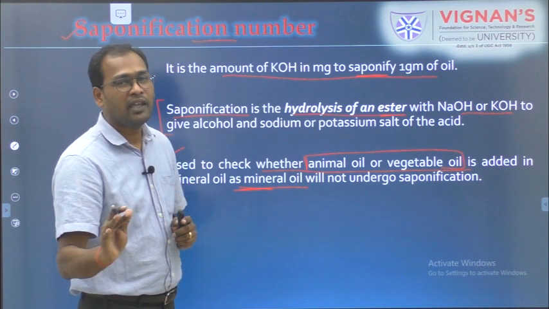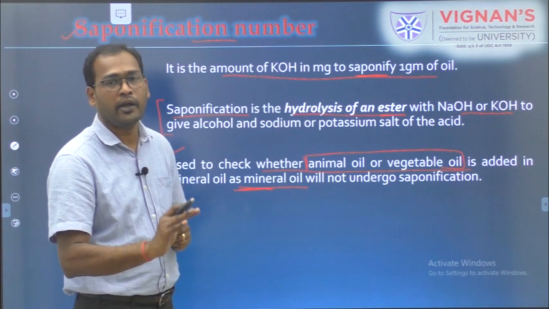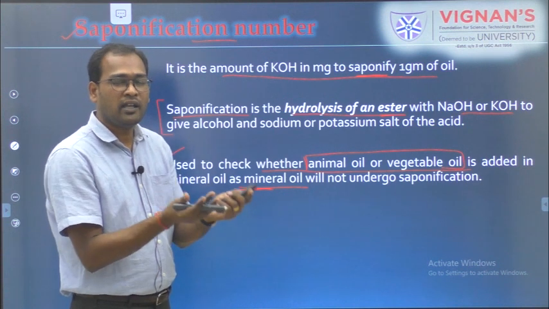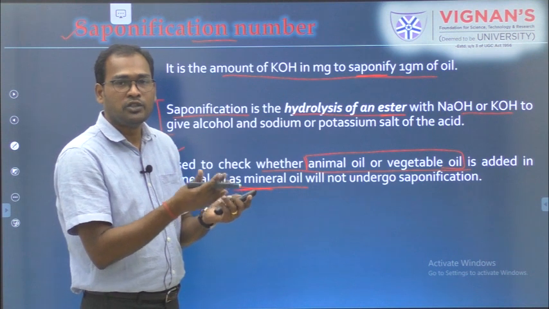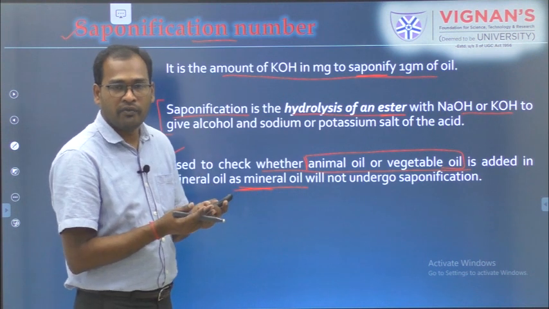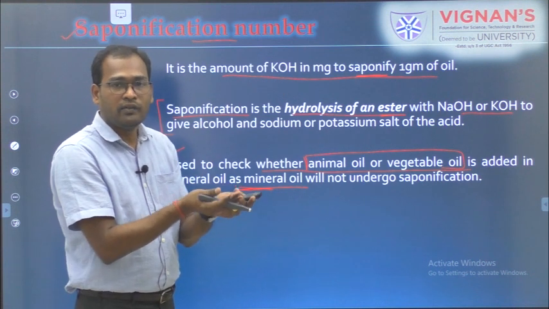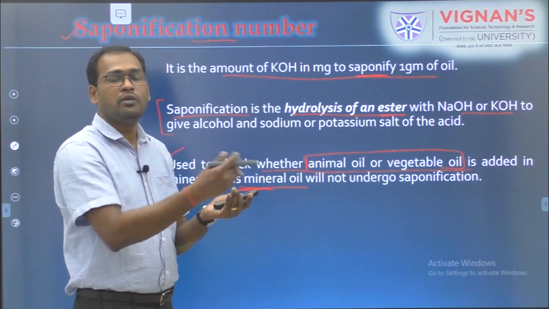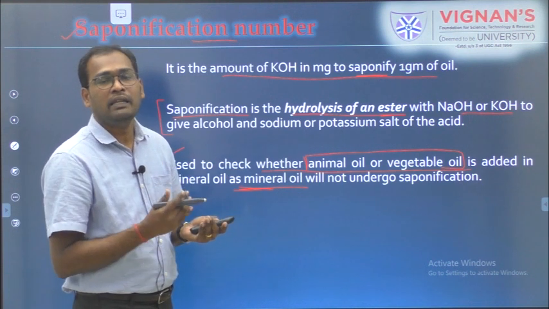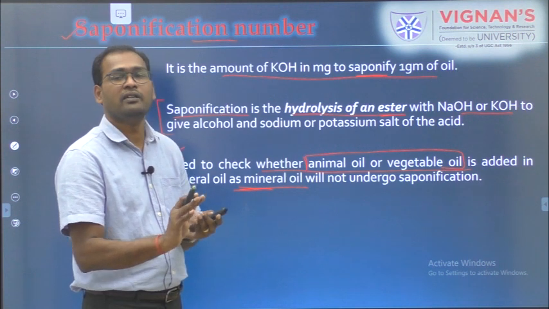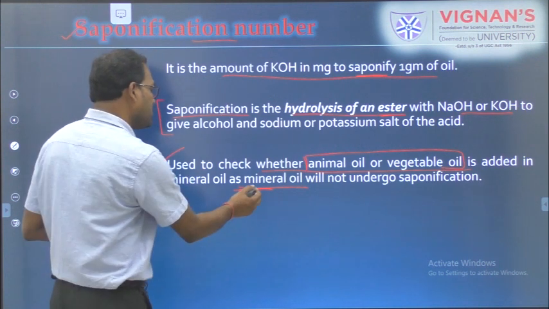They don't have any esters in it, they have only hydrocarbons. So if you take an oil and it shows some saponification number, that means along with the mineral oil, vegetable oil or animal oil has been added to modify the property.